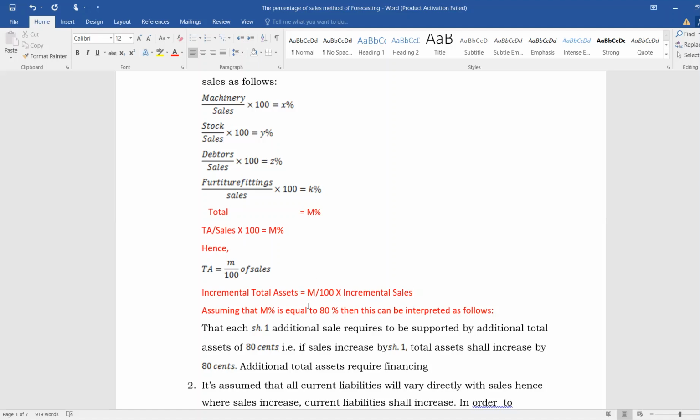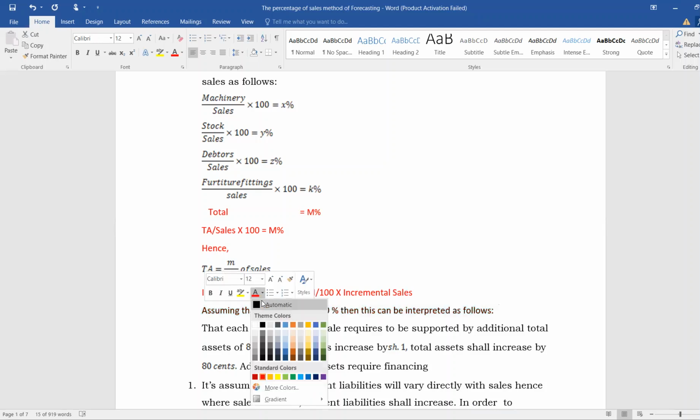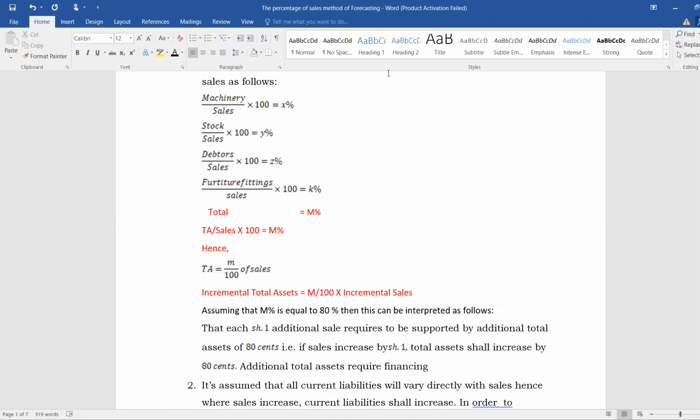Kama hii ni 80%, 80% of 1 shilling ni ngapi? Additional sale. Ukichukua 80% of 1 shilling, hiyo inakupatia ngapi? 0.8 shillings, and that 0.8 shillings is 80 cents.